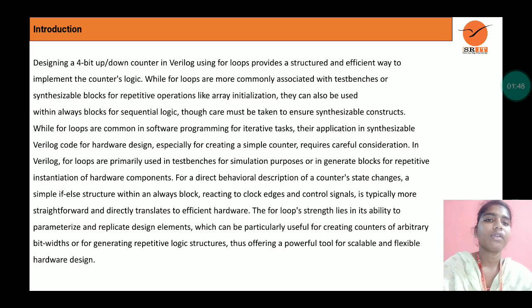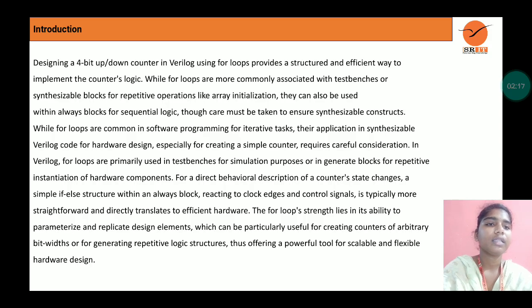In Verilog, for loops are primarily used in test benches for simulation purposes or in generate blocks for repetitive instantiation of hardware components. For a direct behavioral description of a counter's state changes, a simple if-else structure with an always block reacting to clock edges and control signals is typically more straightforward and translates directly to efficient hardware.